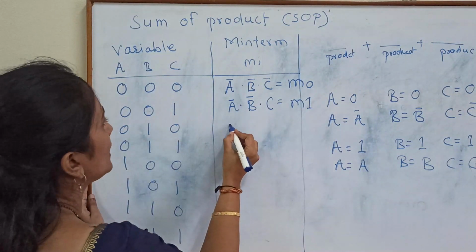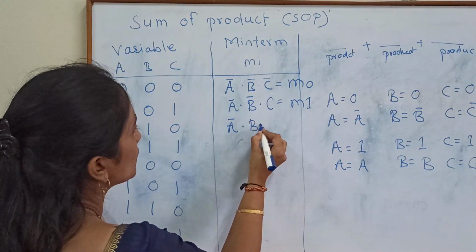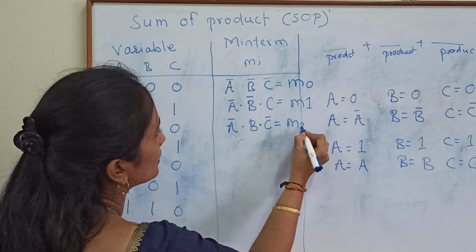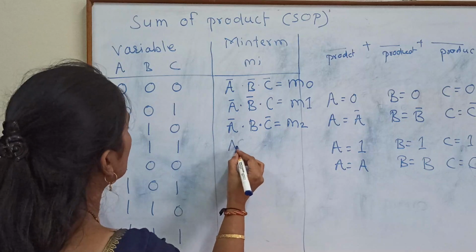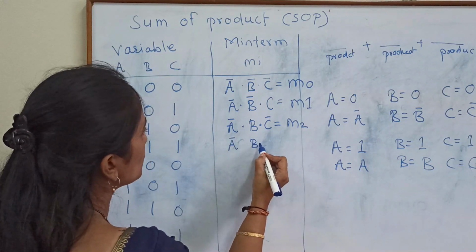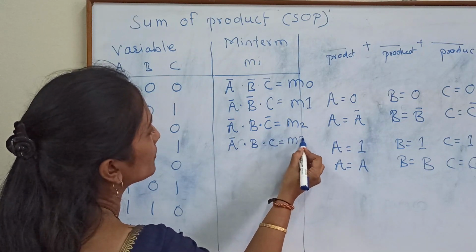Third term, A is equal to 0, B is equal to 1, C is equal to 0. This is M2. Here A is equal to 0, B is equal to 1, C is equal to 1. M3.